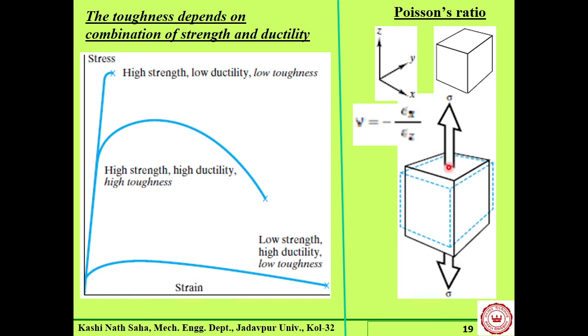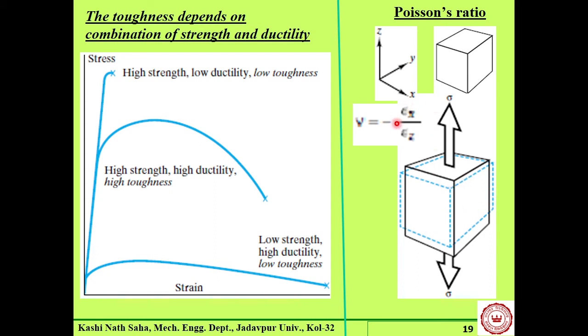So we measure the change in length of the specimen as well as the shortening, or the change in cross-sectional dimension of the specimen. So, the negative of the ratio, because usually if the specimen elongates in the axial direction, in the transverse direction perpendicular to it there is a reduction.